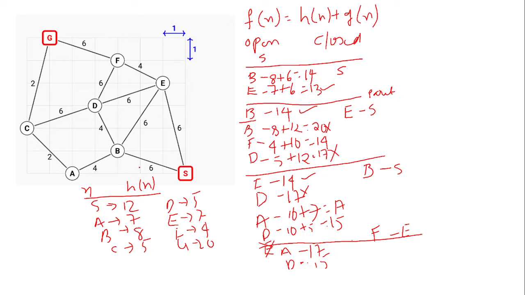So next one is G. What is the G value? Here 6, 4, 10 plus 6, 16 plus 0. So 16. Okay. So the next which has the minimum, D has the minimum. Next move to D. What is the parent of D? B is the parent of D. Okay. So next, what are the nodes connected to D?